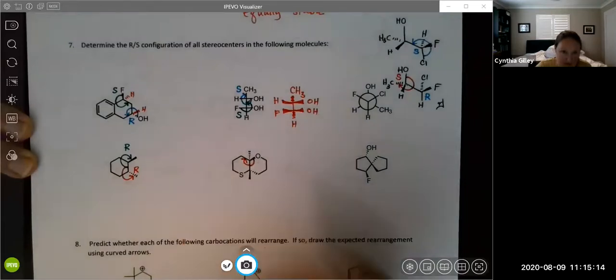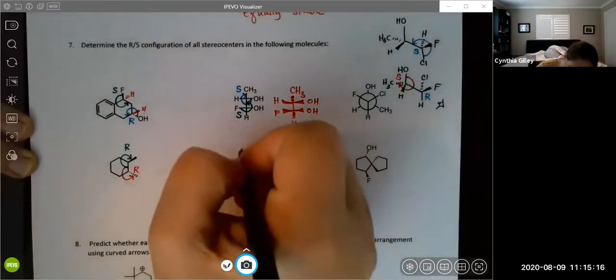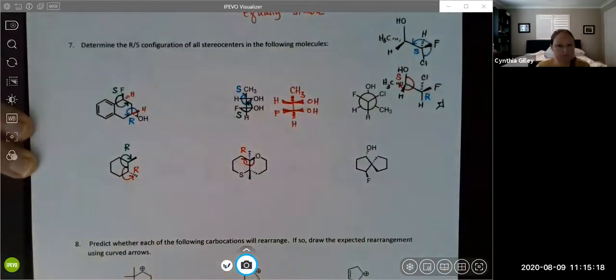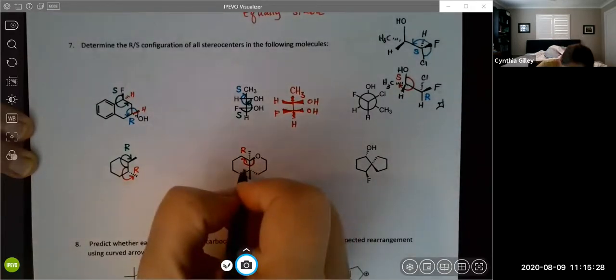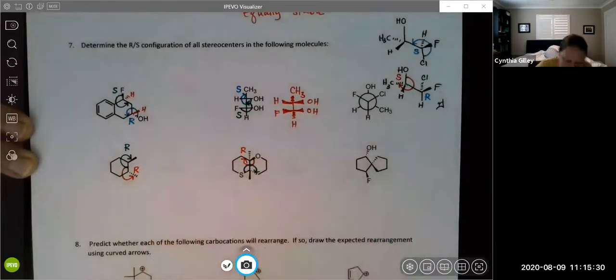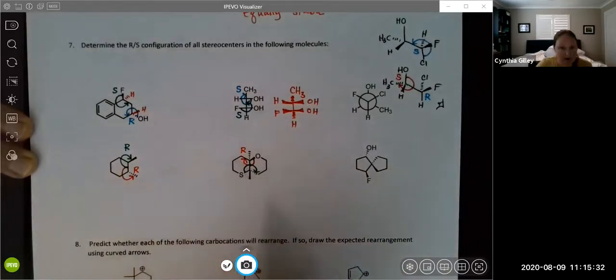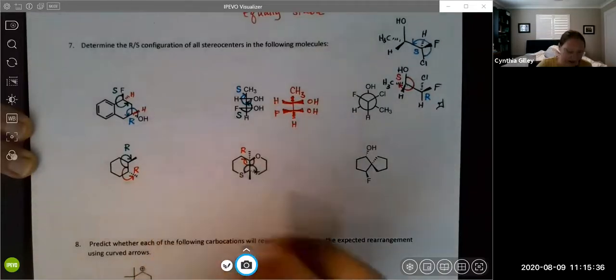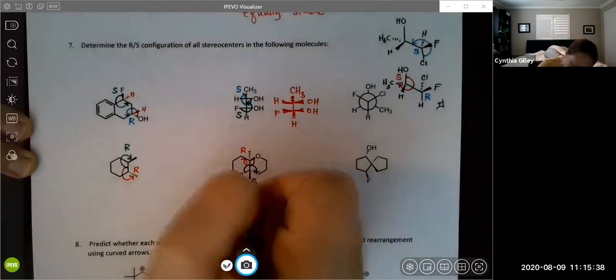So that just means clockwise rotation is R. And down at the bottom here, we have the sulfur as the highest priority, then this carbon at the top, then this carbon. And now our 4th priority group is coming out at us. So this clockwise rotation is actually counterclockwise, and this is S.